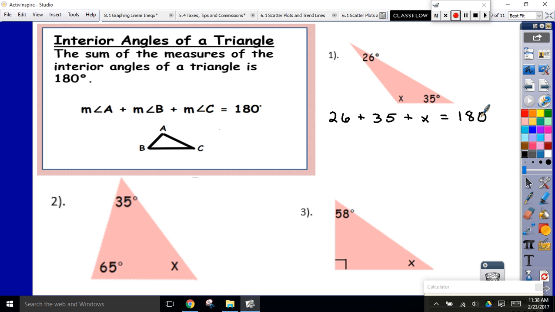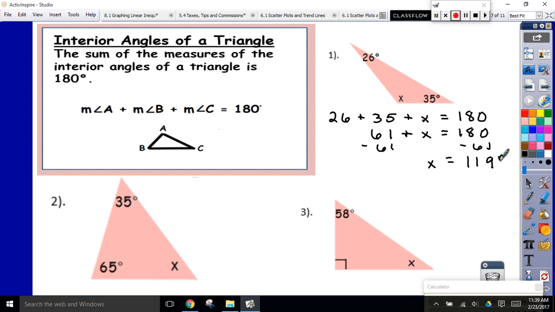Then I'm going to combine like terms. 26 plus 35 is 61. So we have 61 plus x equals 180. Subtracting 61 from both sides gives me x equals 119 degrees. Now, another way you could do it is you could just on your calculator do 180 minus 26 minus 35 and see what you have left, and that should be 119.